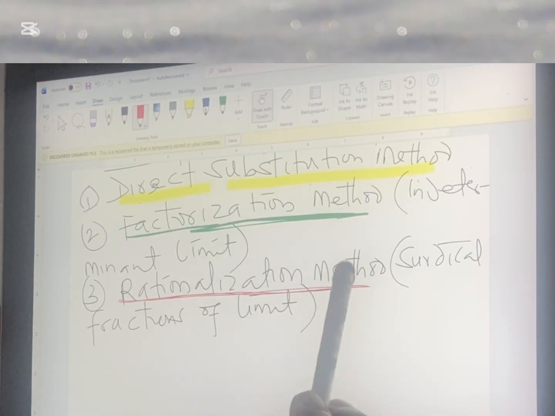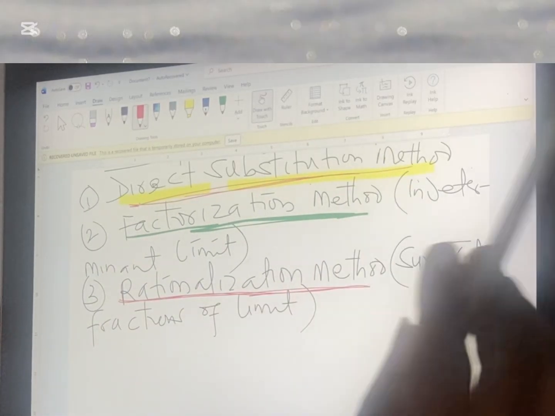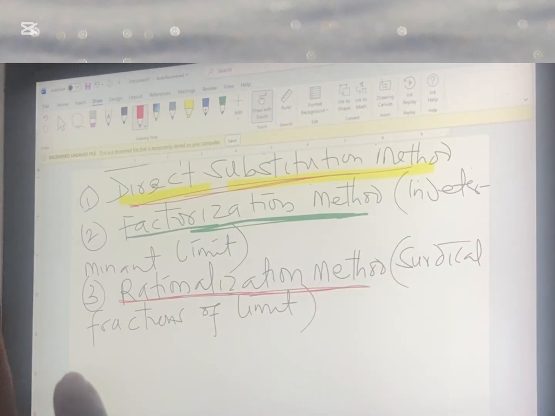Please take note. So now let's consider the first one here, that is direct substitution method. Now listen to me carefully. All limits of a function can be solved by direct substitution method.